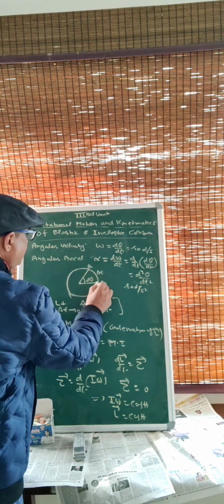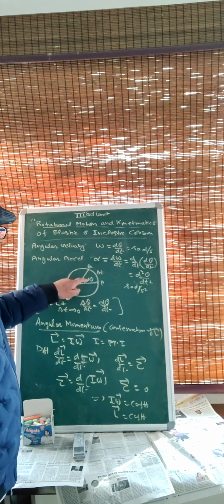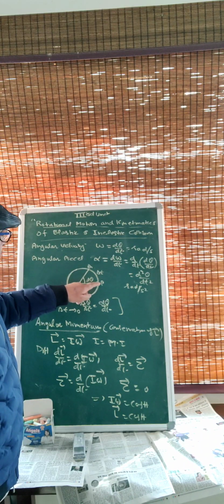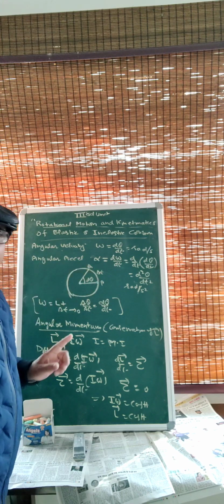Angular velocity: whenever we have a circular motion where the angle changes every second, the body is revolving in a circle. Say, for example, the body is at point P, and after a certain period of time, it reaches point Q. Let delta theta be the small angle the body covers going from P to Q, and let delta t be the time taken.